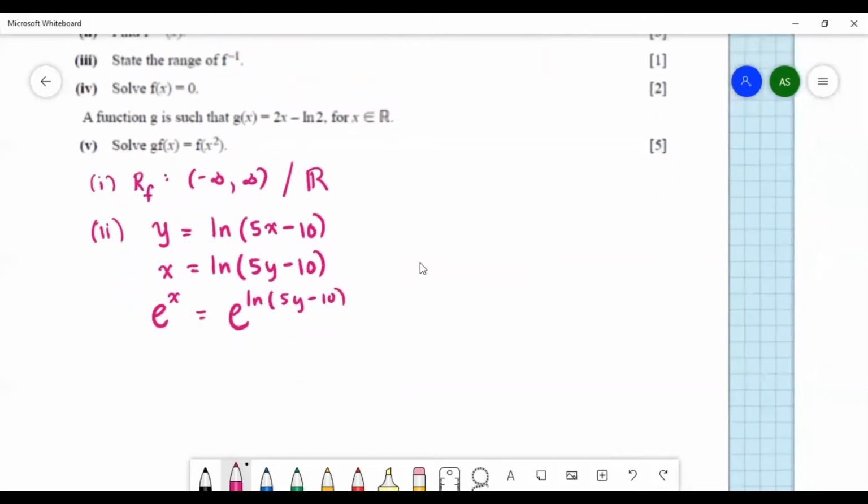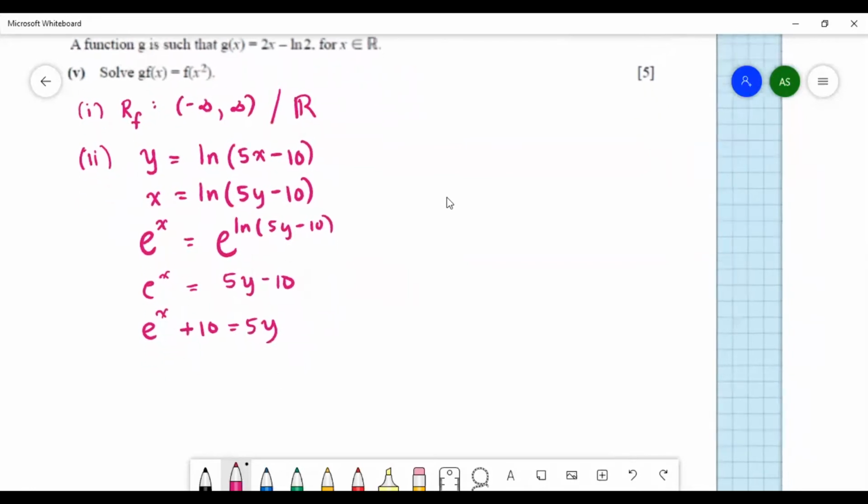And this will give us e power of x is equal to e to the power of ln, which will be 5y minus 10 only. So therefore, e power of x plus 10 is 5y. And then, to solve for y, we divide everything by 5.